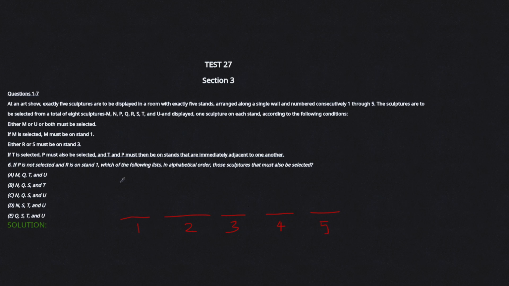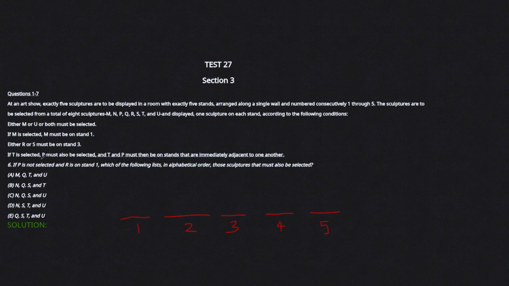Okay, moving on to question number 6. It says, if P is not selected and R is on stand 1, which of the following lists in alphabetical order those sculptures that must also be selected? Now, we have quite a lot of info here. The first one is P is not selected. Okay, and by that logic, we know that T cannot be selected either.